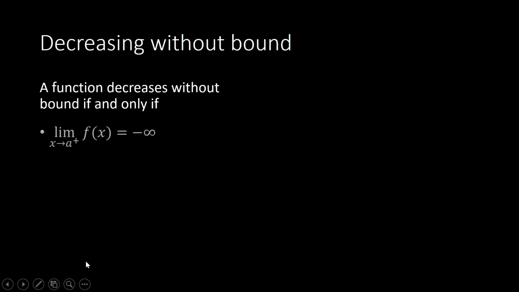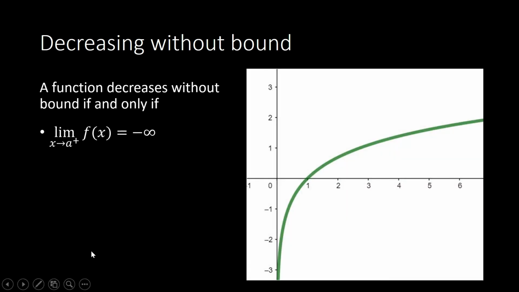Decreasing without bound. A function decreases without bound if and only if... Okay, so this one is a function defined by f of x is equal to ln of x. When x is equal to 0, ln of 0 is undefined. So you cannot evaluate your function exactly at x equal to 0.